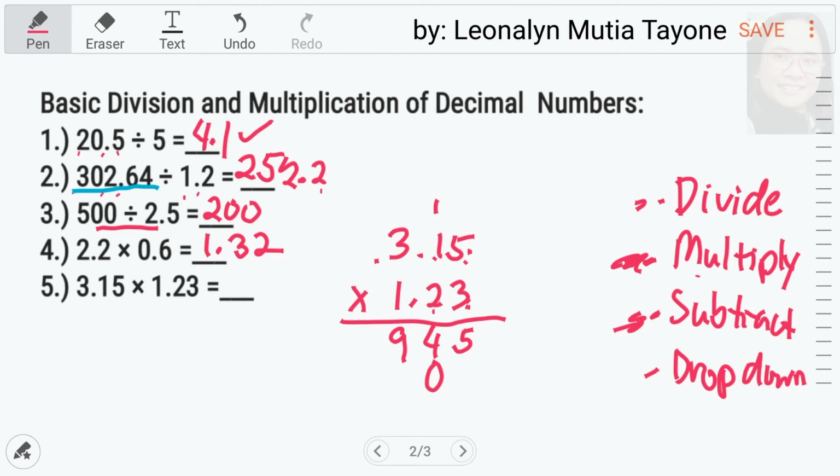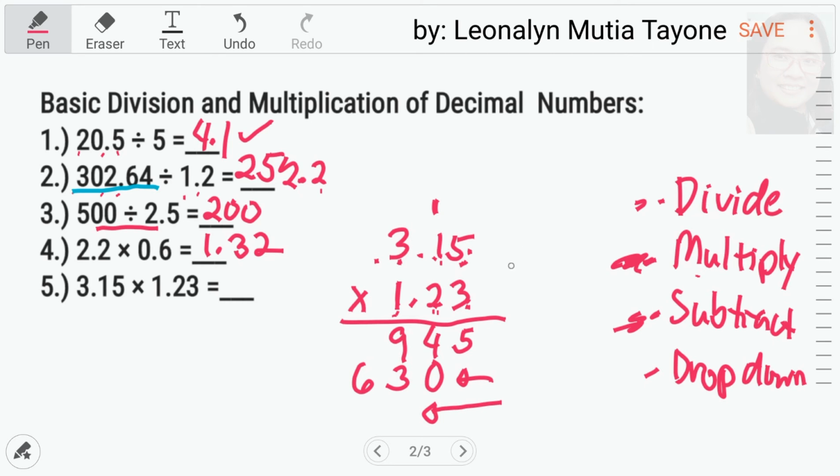Okay? Carry 1. 1 times 2 equals 2 plus 1 equals 3. Next, 3 times 2 equals 6. Next, itong 1 times itong 315 or 3.15. Since 1 lang naman yan, kopyahin lang natin itong tatlong numbers na ito, pero dito siya mag-umpisa.